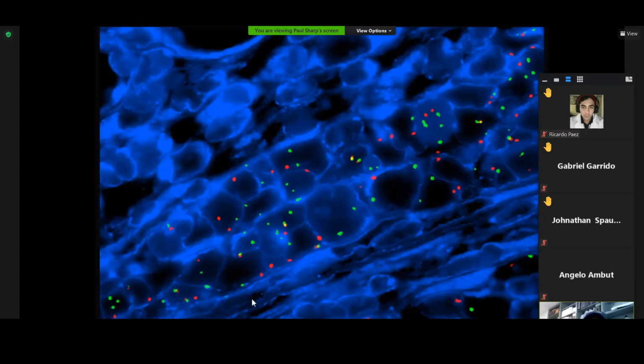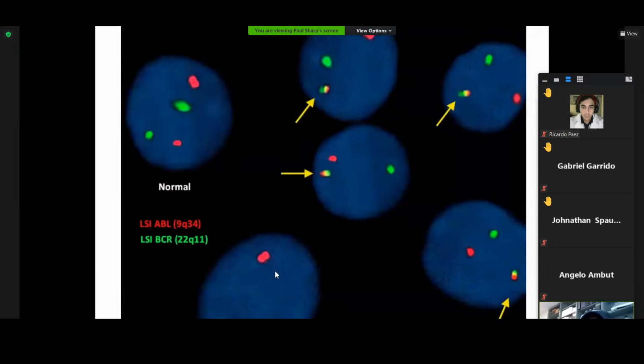Okay. And then over here, what this shows is, once again, what they're doing: chromosome number 9 is going to be associated with a red fluorescent probe, and that's the part that would translocate to chromosome number 22. Chromosome number 22, the part that would translocate, is going to be hooked up with a probe that will fluoresce green.